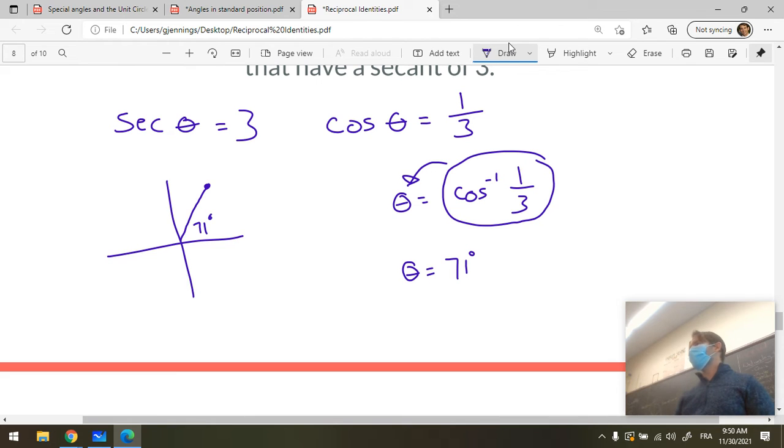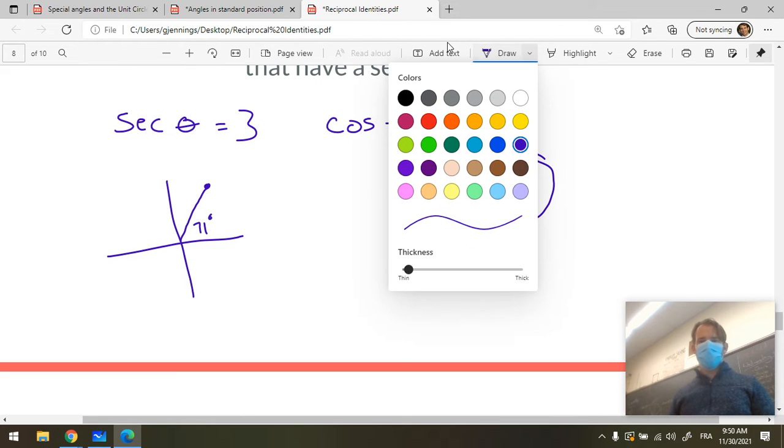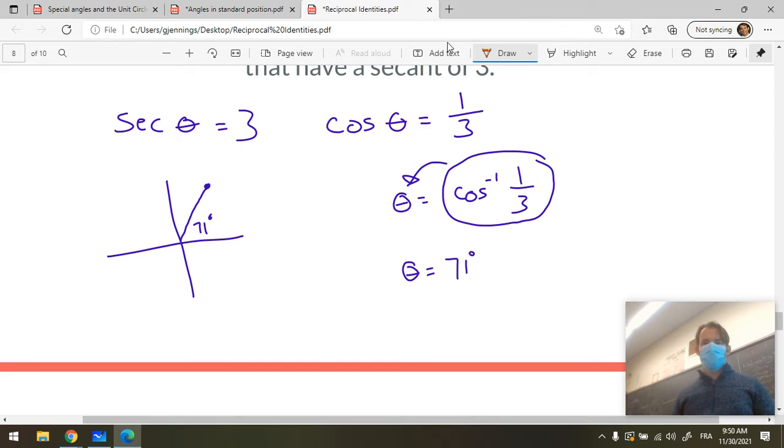And here's a hint. In this quadrant, cosine is positive. In this quadrant, all the trigonometric ratios are positive. In this quadrant, sine is positive, and in this quadrant, tangent is positive. So where would you go looking for another angle that has the same cosine as that angle?